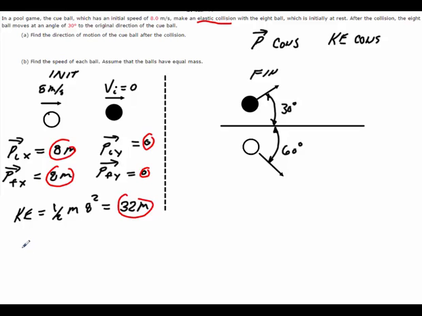So let's go ahead and start out with momentum. Again, we'll do the momentum in the x direction first. I'll make it p in the x. We know that that has to equal 8m.